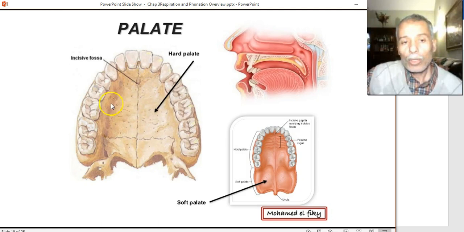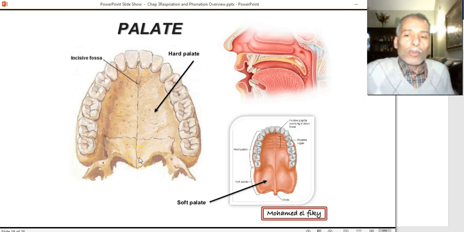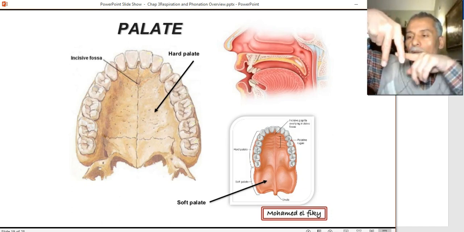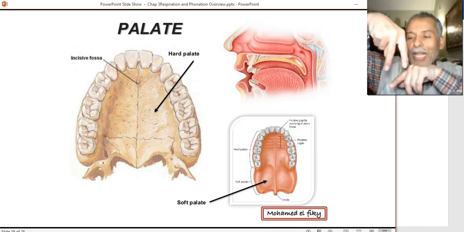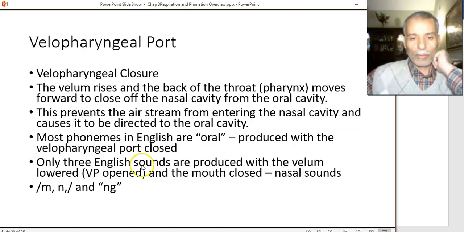So that could also be completed, but in the back here, the velum itself, the tissue is not enough to close the two sides, and then you have a cleft, a split palate in the back, and the air leaks out of it.